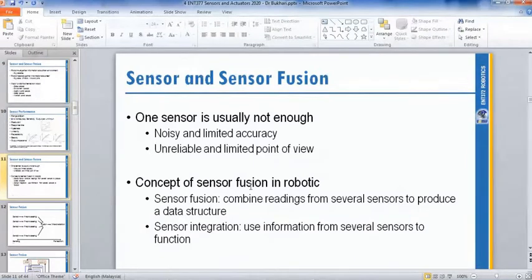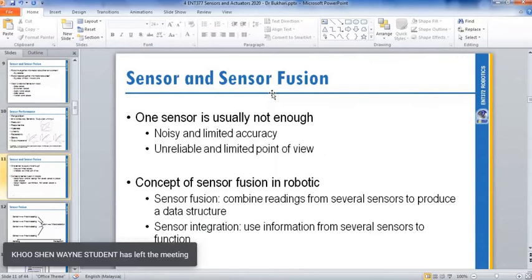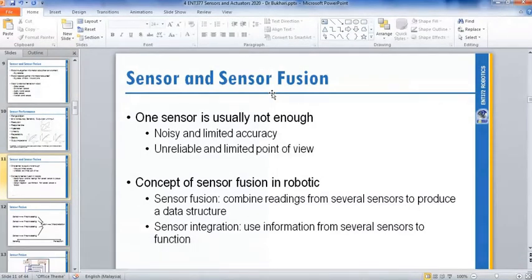Concept of sensor fusion. Okay. Normally for a robot application, the requirement is three types of sensor. One is optical, a sensor using light, maybe infrared, maybe a vision system, or maybe laser. The other one they request is something like a sonar sensor, a sound sensor.